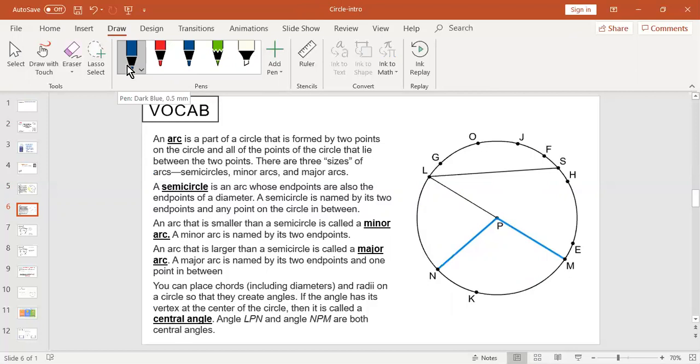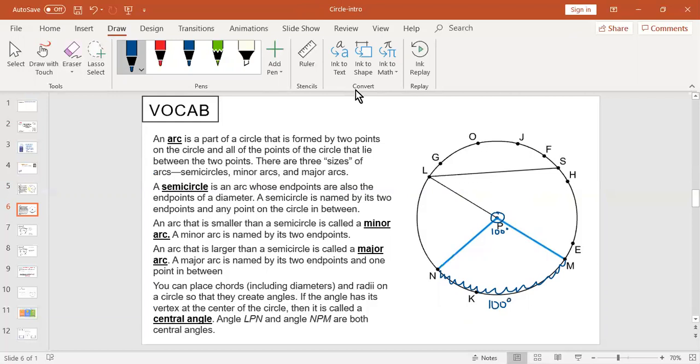And then we have the central angle, which is basically any angle that is around the center of the circle, which in this one is point P. Okay. What is special about the central angle relationship and the arc relationship is if I know that this angle right here is, let's say, 100 degrees, then I know that arc KM, which I could just say is arc MN, is also 100 degrees.